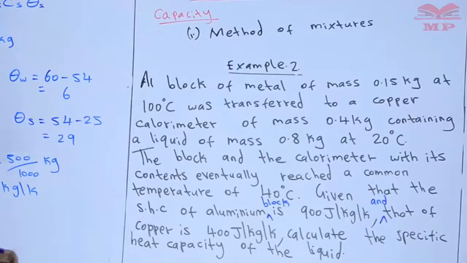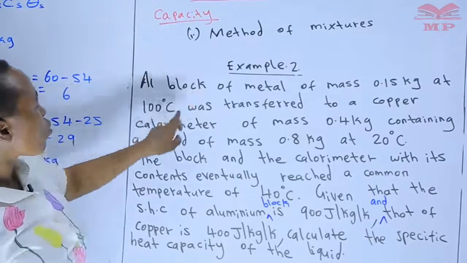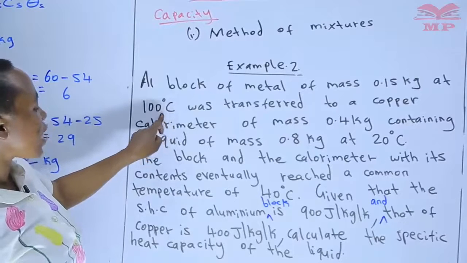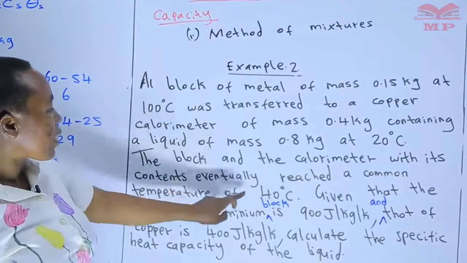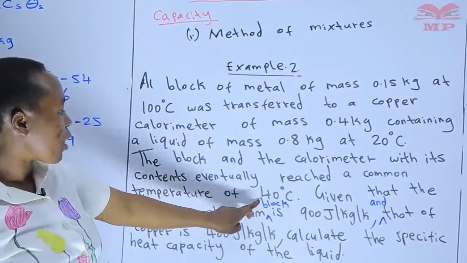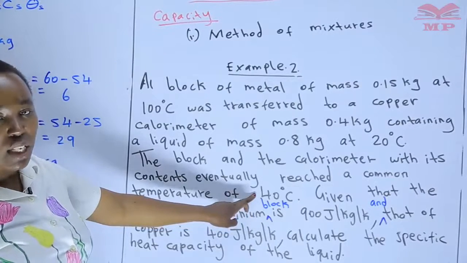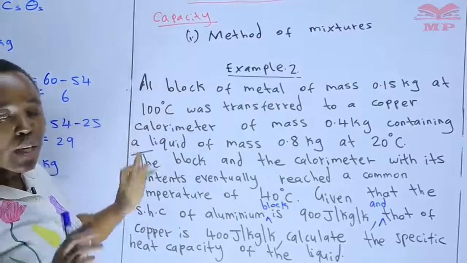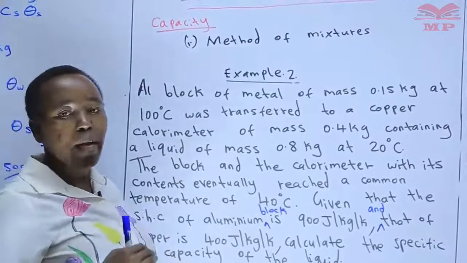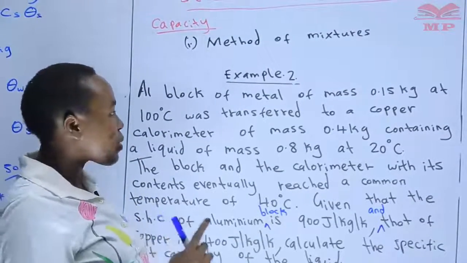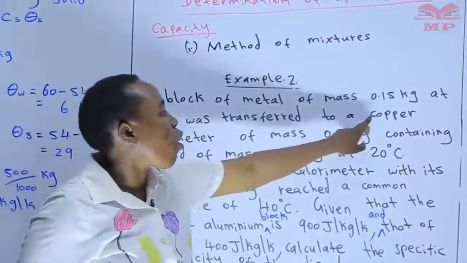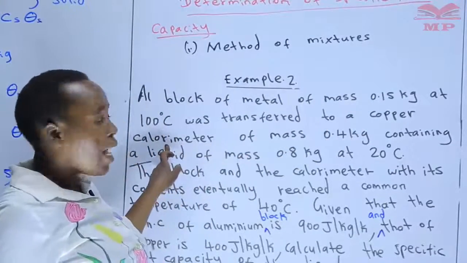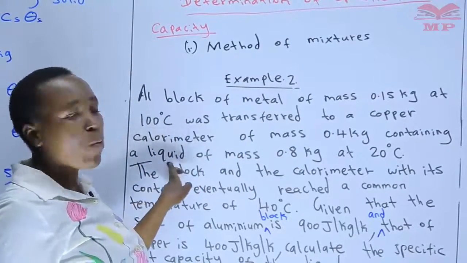So we have this aluminium block which was initially at 100 degrees Celsius and then it attains a common temperature of 40 degrees Celsius, meaning that the block is losing heat. So here, the heat that is lost by the aluminium block is being gained by the copper calorimeter and also the liquid.